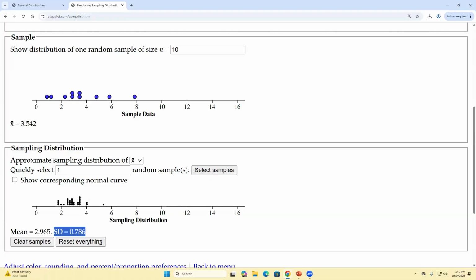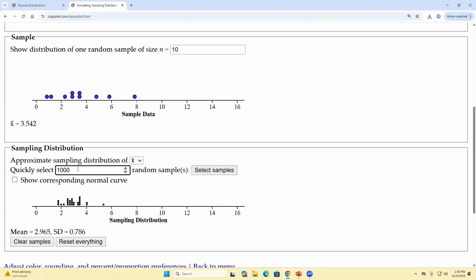And what we're going to do now to just sort of fast forward things is let's quickly select, and instead of just one, let's quickly select 1,000 samples. So this is going to speed run us through 1,000 samples selected from this population. It's going to build up this sampling distribution by adding 1,000 samples.